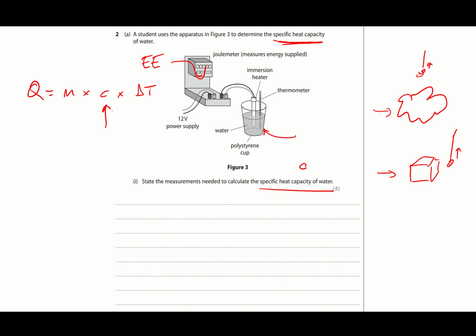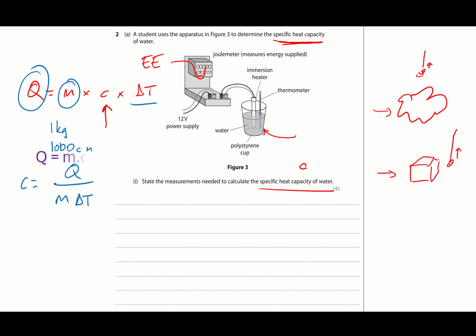So if I want to work this out, I need to know the energy I put in, I need to know the mass of the water, and we've just said that 1 kilogram equals 1 litre of water, or 1,000 centimetres cubed, and we need to know the temperature change, and that's it. And we could rearrange this so that C equals the energy I put in divided by the mass of the water multiplied by the temperature change.